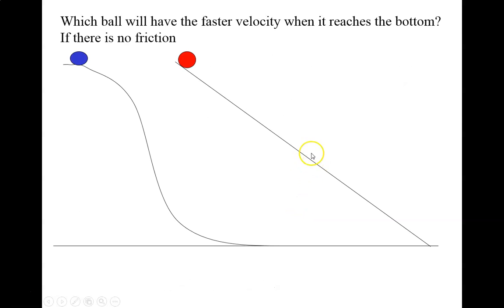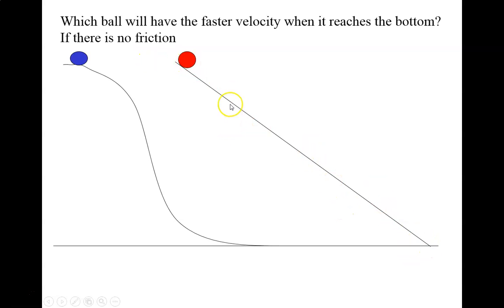So if I were to ask you a question, here we've got two balls on different slopes, and I asked you which one had a faster velocity when it reached the ground. Well, all we need to know is that v equals the square root of 2gh, and they both have the same height, which means they're both going to have the same velocity.